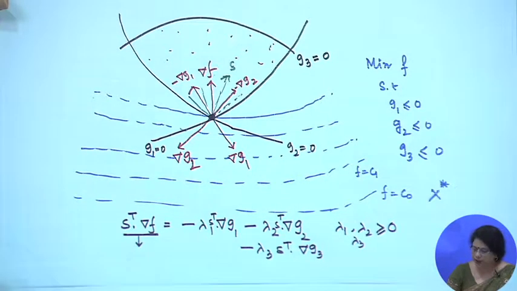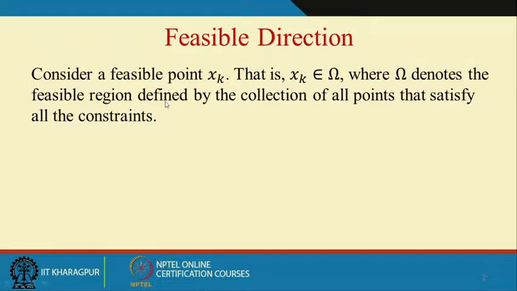Now, with this idea I am going to the formal definition of the feasible direction, descent direction, etc. Now, we can say that xk is a point within the feasible space. Here I showed you the feasible space, that if we consider the feasible region as rho, then the collection of all points satisfying the constraints can be named the feasible space.